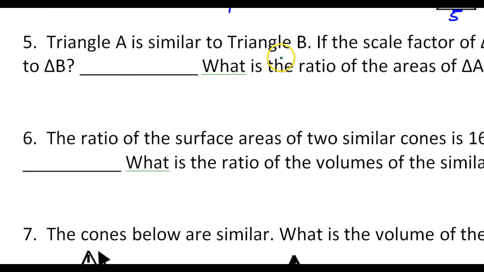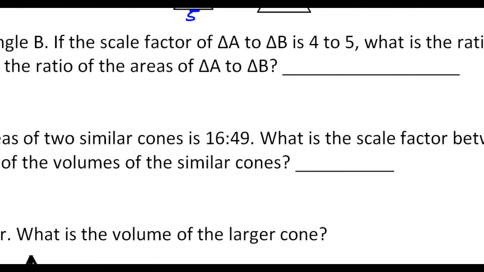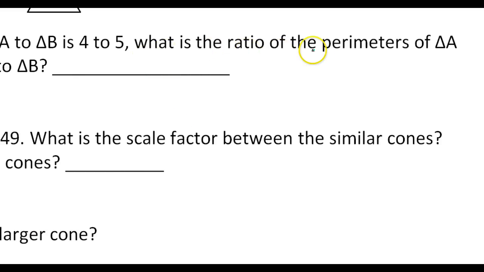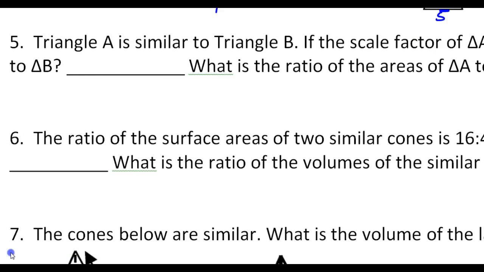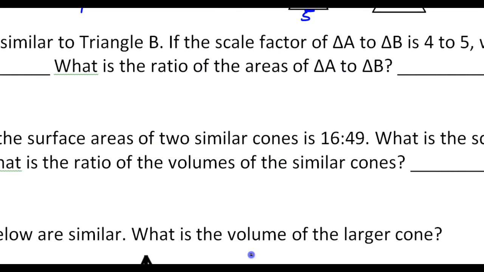Triangle A is similar to triangle B. If the scale factor of A to B is 4 to 5, what is the ratio of the perimeters of A to B? Okay, and what is the ratio of the areas of A to B?